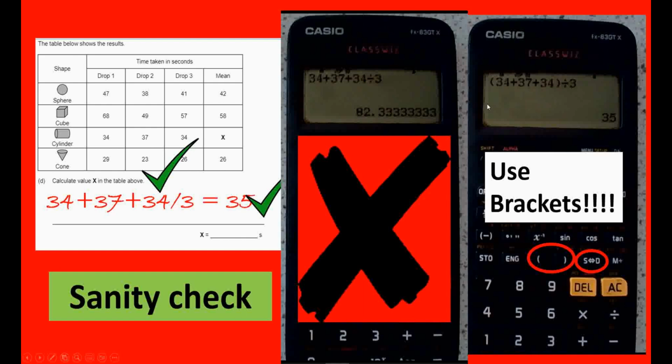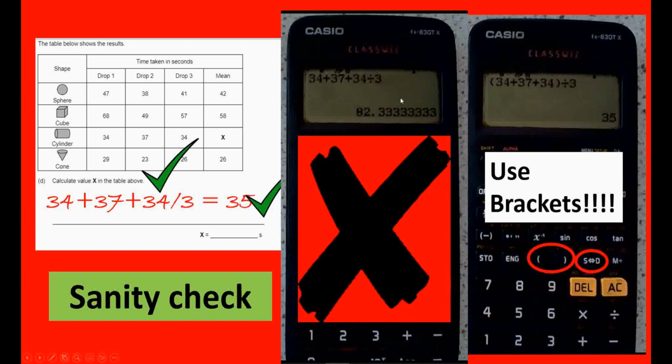The second thing you need to be aware of is that you need to give your answers in decimal form. You can't give them as fractions. These calculators, not your calculators, a lot of the time by default will give you a fraction, and if you write down the fraction, you won't get marks. So you need to either change the settings or be ready to use the SD button to change from a fraction to a decimal. So the answer is 35.